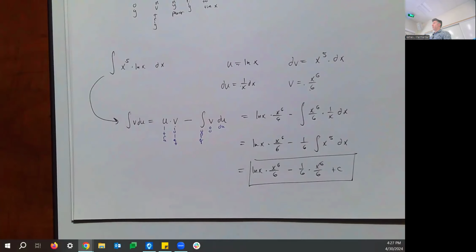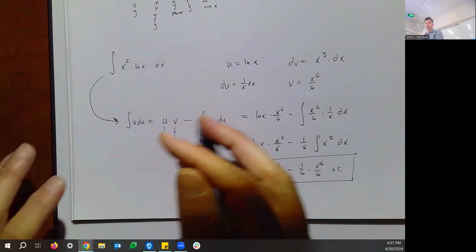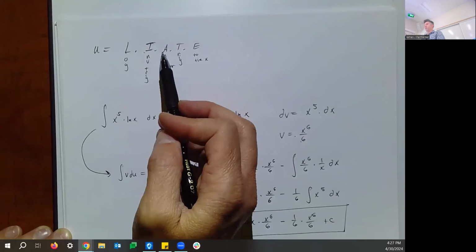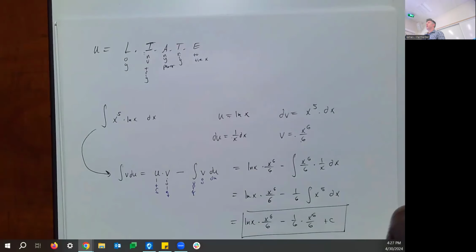One thing to be aware of is when you have what most of us refer to as a mixture integral, meaning you've got two types of functions, usually two of these, a log and a power, or an inverse trig. It's either going to be integration by parts, but it might be a u sub.